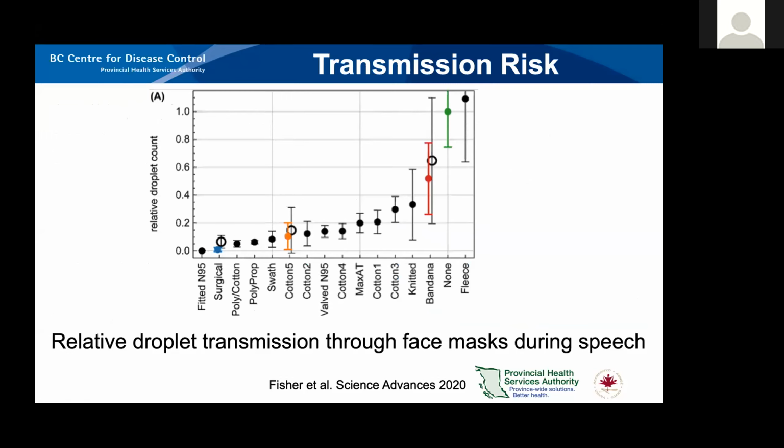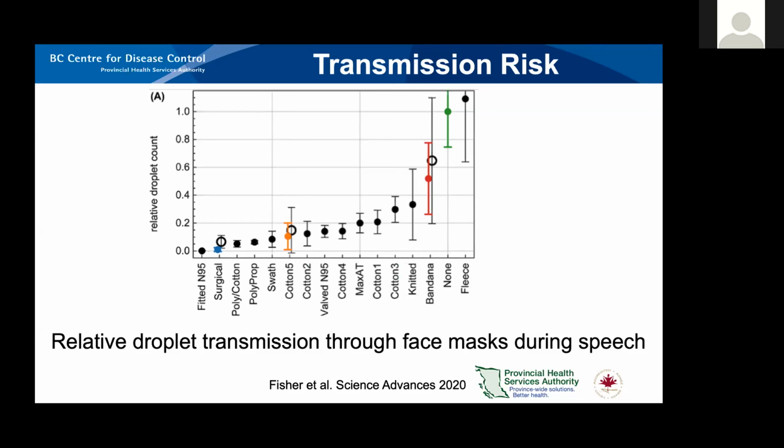So this is a paper from Fisher from Science Advances, and it's not a perfect paper, but what it shows is the relative droplet count and transmission through various types of face masks during speech. In that red, in the green area, there's if you don't have anything, and then fleece is not very effective.